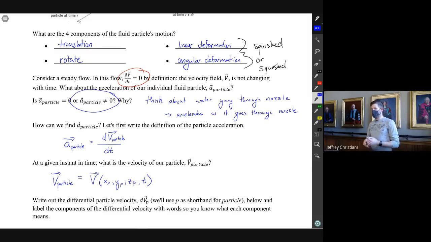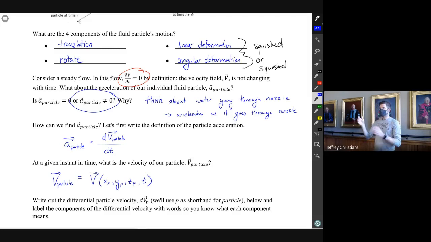So what do I mean by that? Again, if you're thinking about this fire hose example, if I took a picture of you somewhere, your velocity at the instant I took that picture is equal to the velocity field at the position that you happen to be in.